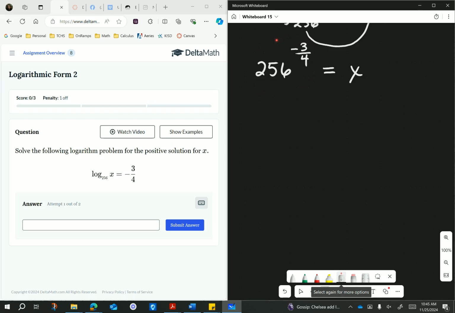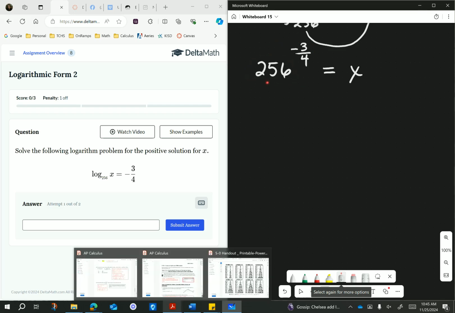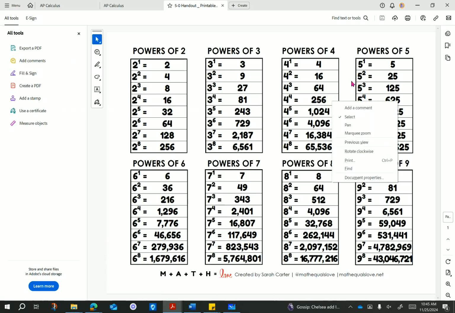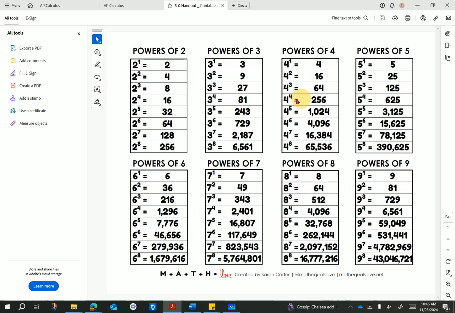Okay, so just watch what I need you to do. Let's see if there's a way of rewriting 256, okay? So let's come over here to our power chart, and we're going to see that 256 right here is written as 4 to the 4th power. 256 is 4 to the 4th power, okay?